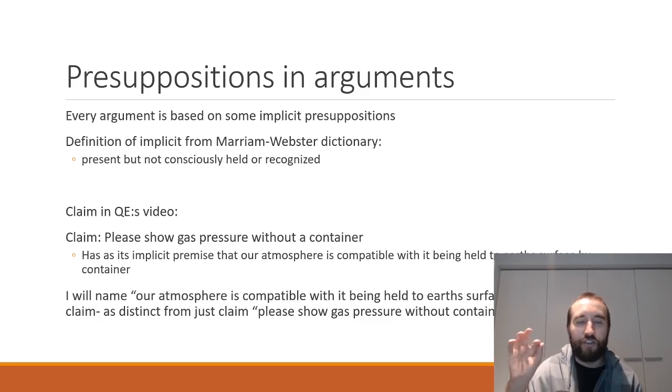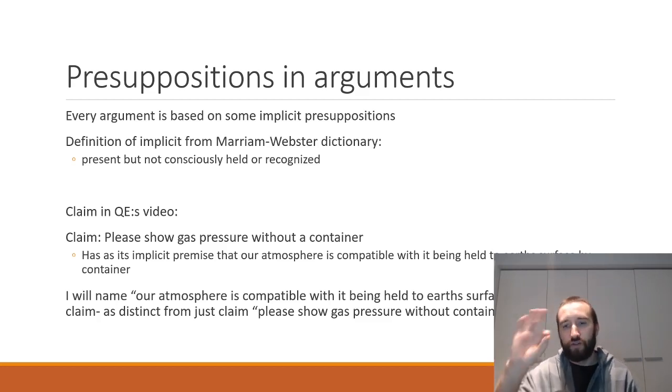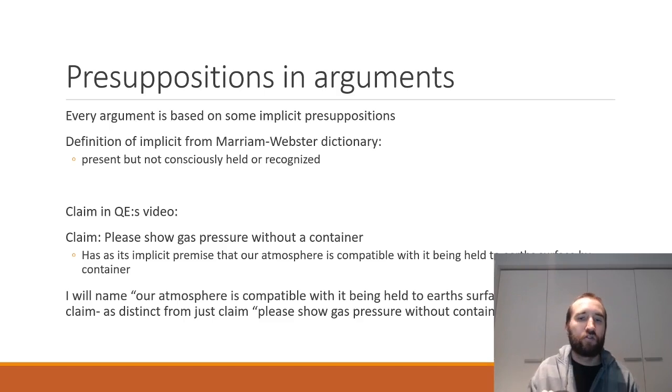Claim apostrophe is normally used to mark these presuppositions, but I have a hard time pronouncing it, so I'm just going to use hyphen because it's much easier to pronounce, and as distinct from the original claim, please show gas pressure without a container.